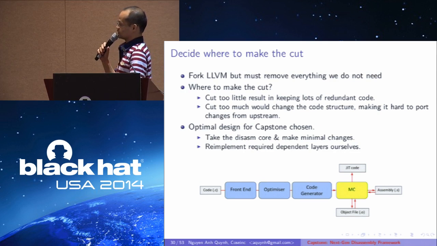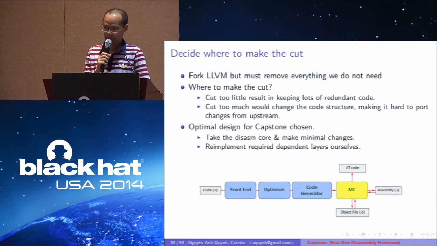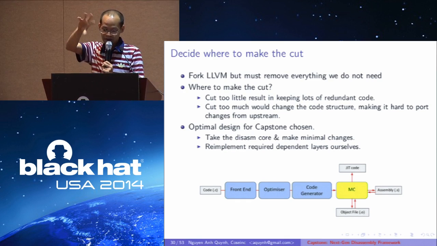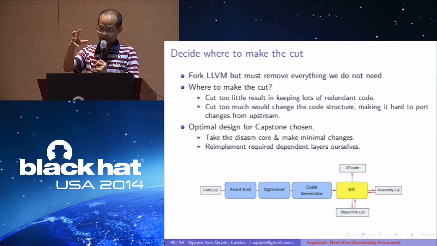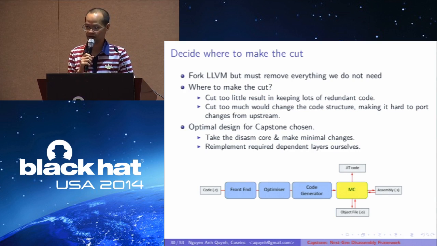So again, look at the picture, the MC layer. We fork LLVM, but we don't take everything. Because if we take everything, that is, we take on the dependent layer of LLVM, of MC, as a result, we take a lot of code, and a lot of code we don't really need. So we fork LLVM, but we must remove everything that we don't need, right?